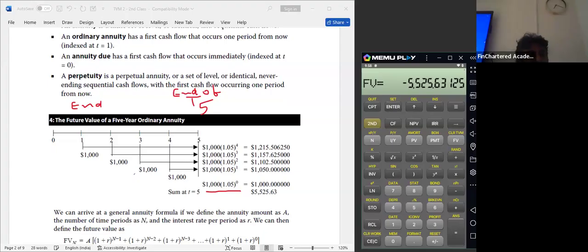Runal, when are you planning to enroll? Like when are you planning to give your CFA Level exam, Runal? You have decided on that?